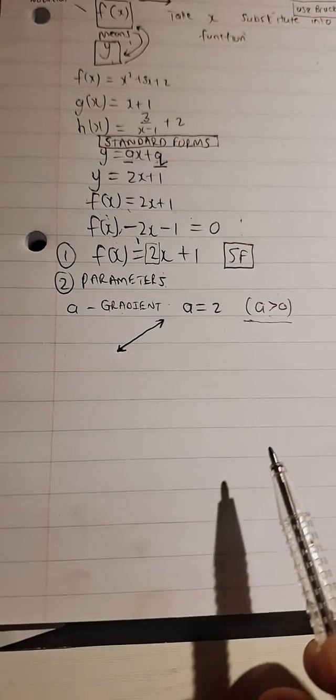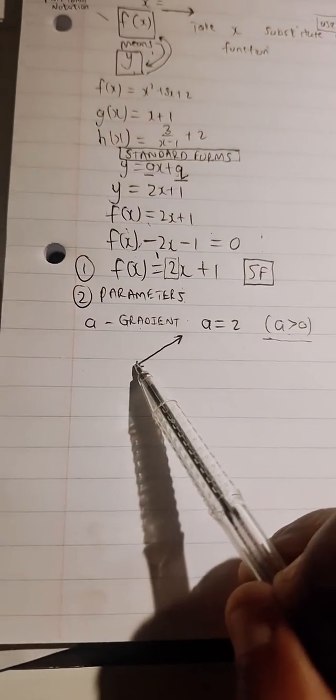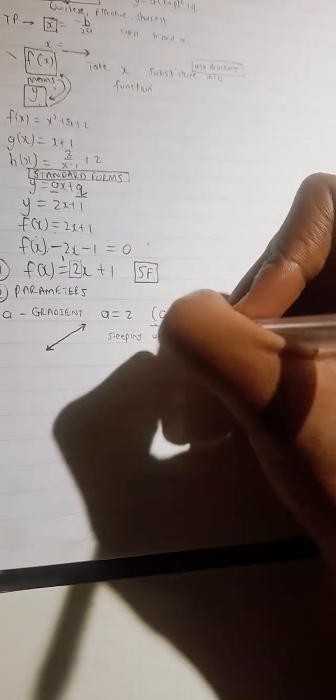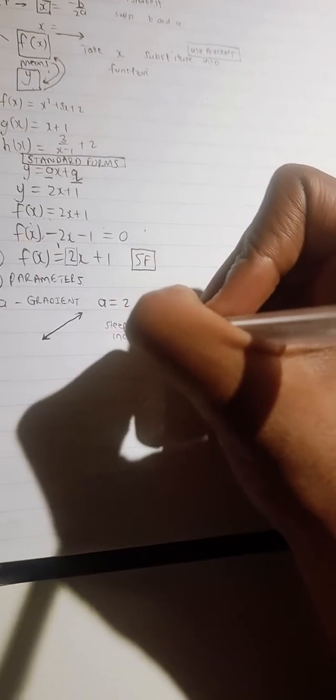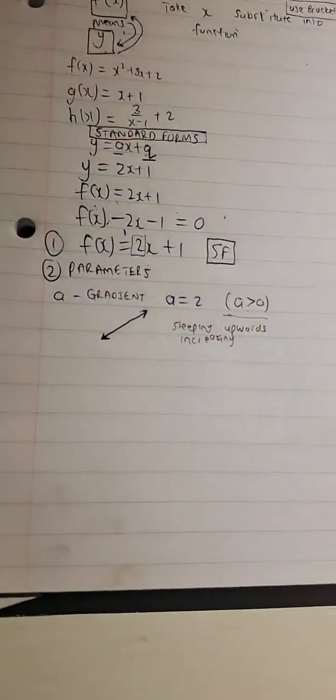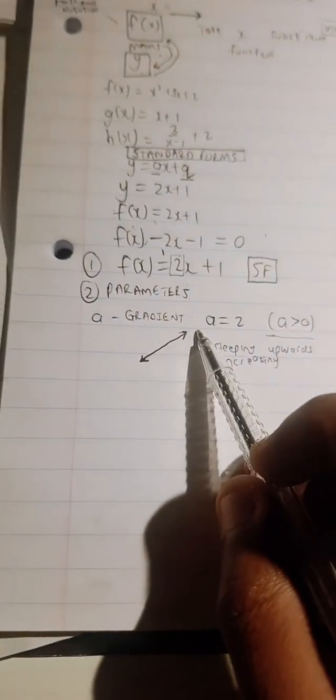Okay, it is steeping upwards. It's increasing. The straight line is an increasing function. Okay, it steeps up. It's increasing.